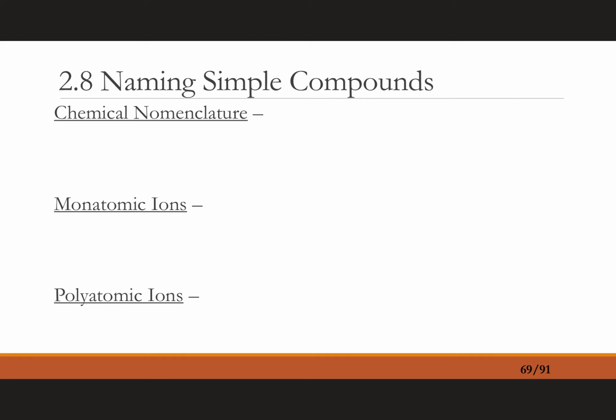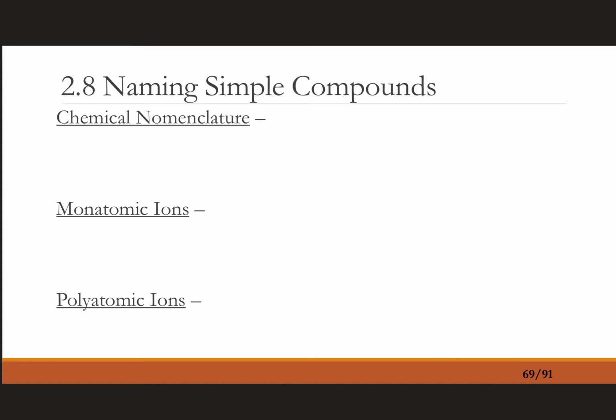All right, section 8, we're going to name simple compounds. The word nomenclature just means naming, so chemical nomenclature is just how to name molecules, or compounds, I should say. When we name monatomic ions, these are ions that have one atom in them.